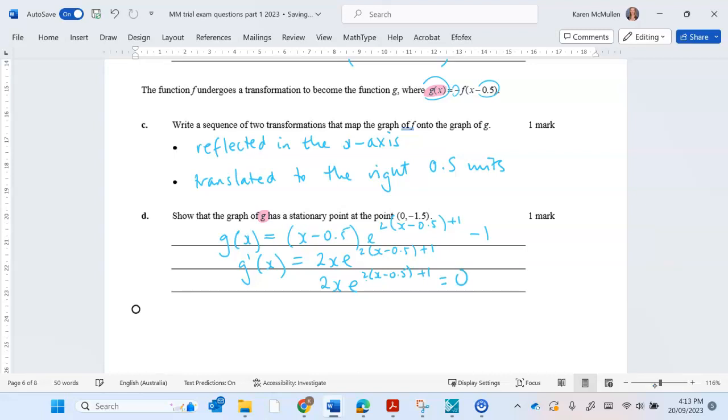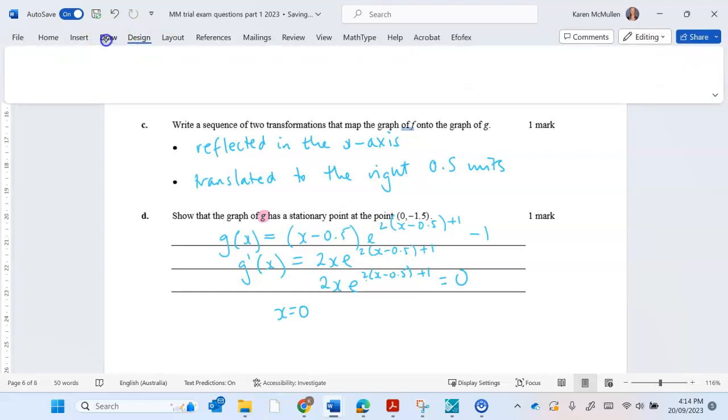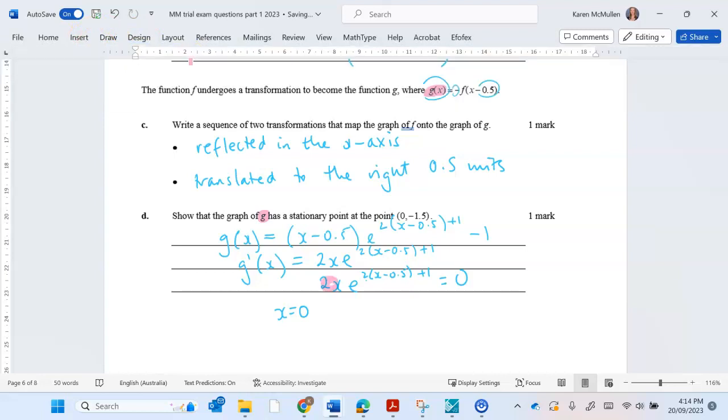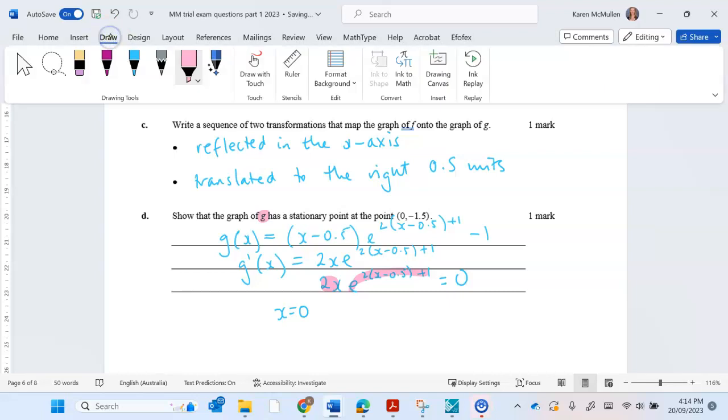So that means x is equal to 0 using your null factor law. This is either equal to 0 or the x is equal to 0. Now your e cannot equal 0. e to the power of something cannot equal 0. So that means x has to equal 0.